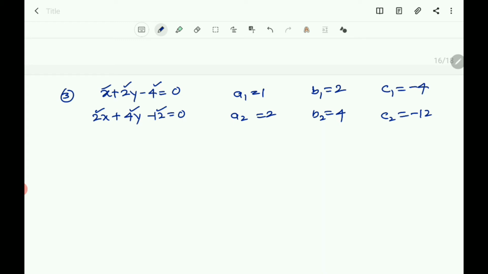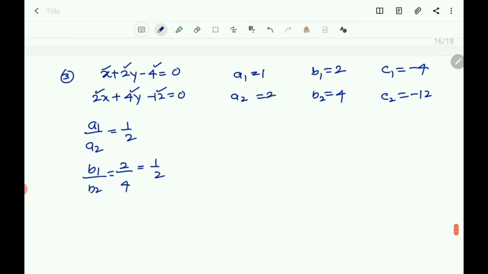Now you find a1 by a2, b1 by b2, and c1 by c2 here. a1 by a2 is 1 by 2, and b1 by b2 is 2 by 4, that is equal to 1 by 2.